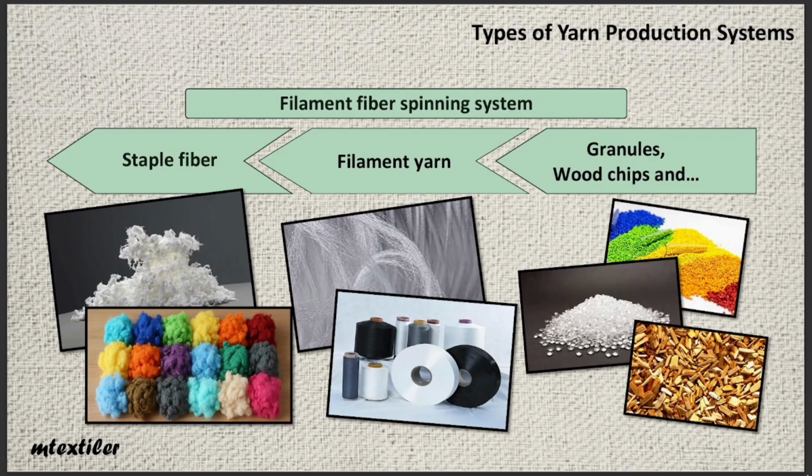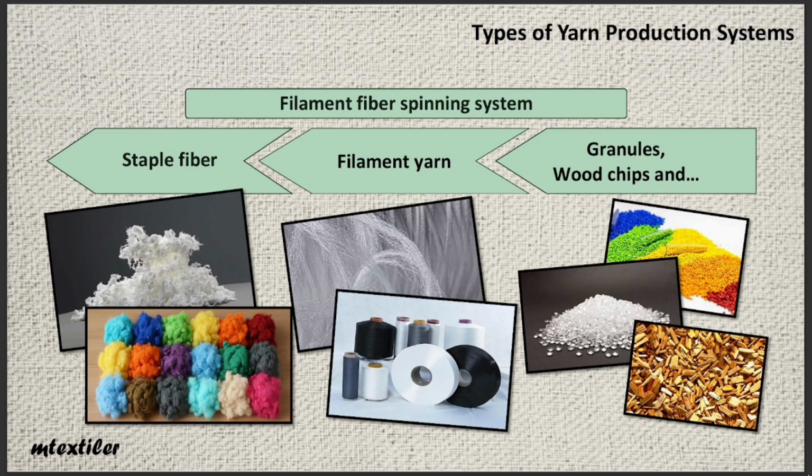After granules, which are mainly used in melt spinning systems, we move on to wood chips and polymer solutions that are used in dry spinning and wet spinning systems. Why? Because the first system, melt spinning, is based on melting polymers.